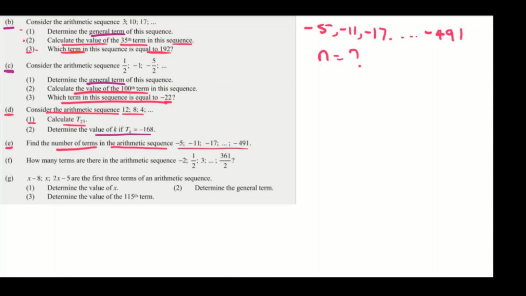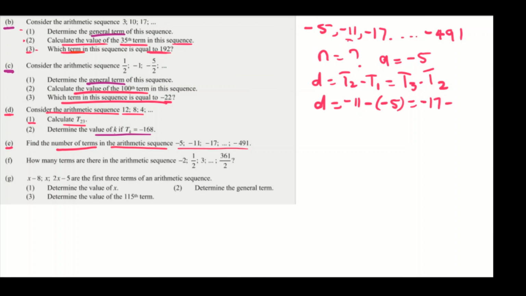So what we have here is our a value, which is minus 5, and our d is equal to term number 2 minus term number 1, which is equal to term number 3 minus term number 2, right? So d is equal to minus 11 minus minus 5, equal to minus 17 minus minus 11. Please take note of these negatives and don't make a mistake.